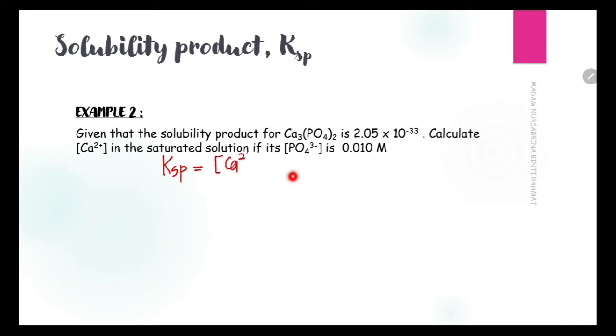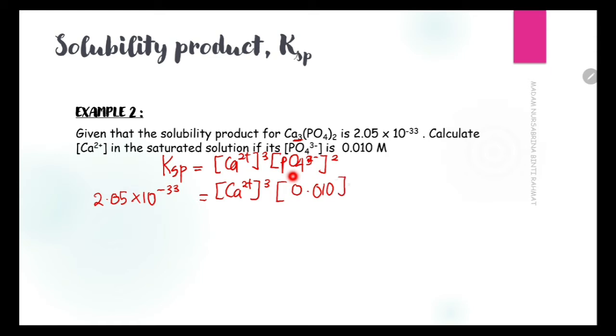So [Ca2+] to the power of 3, because of the 3 here, and then [PO4 3-] to the power of 2. My KSP is 2.05 times 10 to the power of negative 33. The concentration of Ca2+ is to be found through the calculation, and the phosphate ion is given as 0.010 molar.